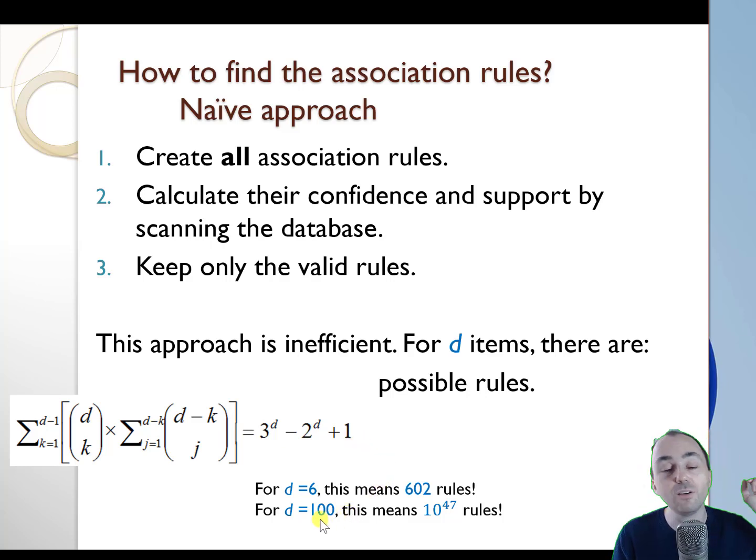So that means if you have 100 items, there will be 10 to the power of 47 possible rules. Okay. So this is just to show you that the search space, the number of possible rules, can be very, very large. So we don't want to check all the possibilities to find the result, especially if we have a lot of data with many items.